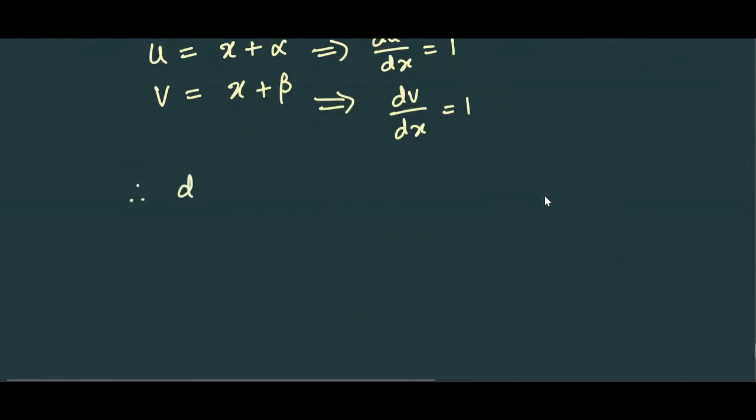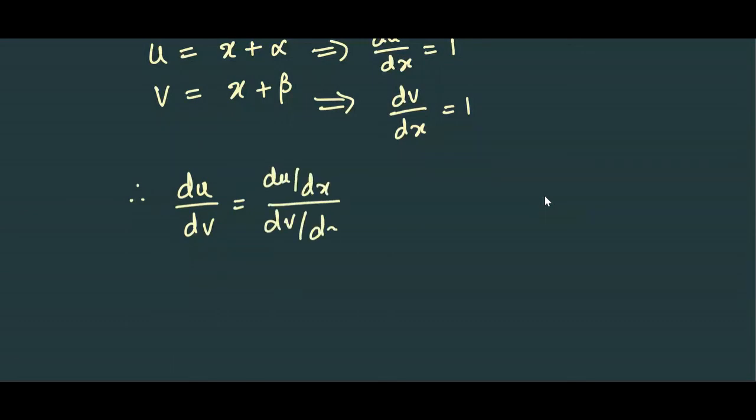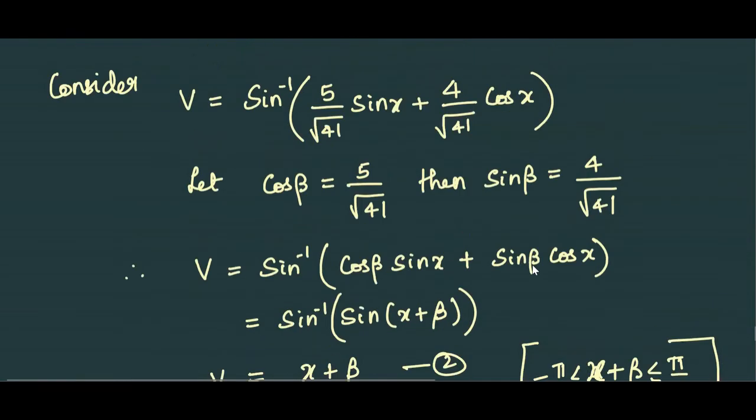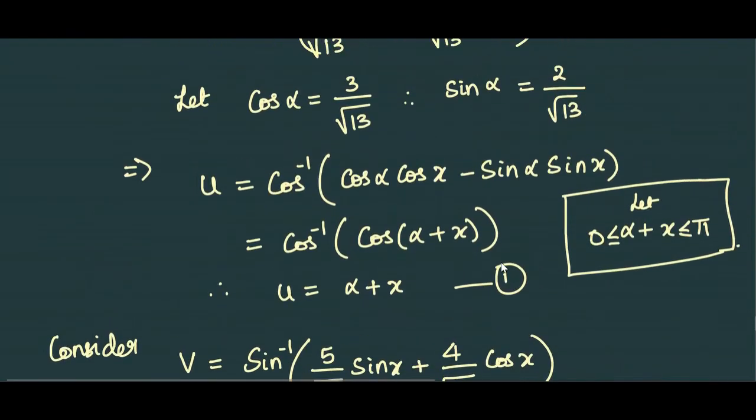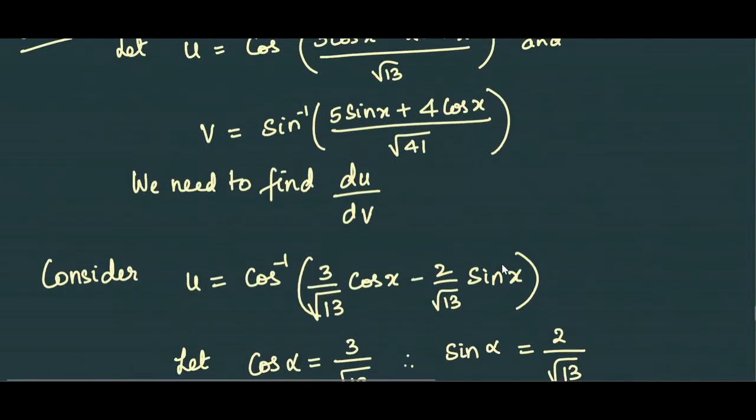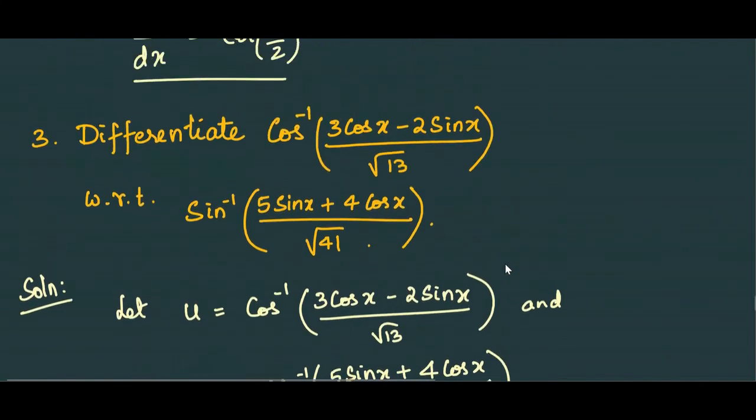Therefore, du upon dv is du by dx by dv by dx, which is 1 upon 1, which is equal to 1. All right. So this is the way we solve. Here, just the concept of inverse trigonometric functions. That property we have to use.